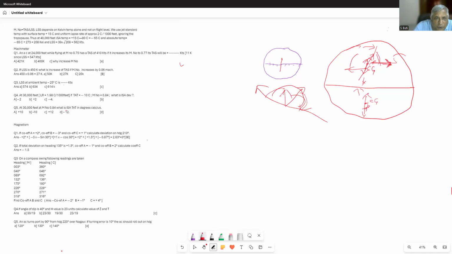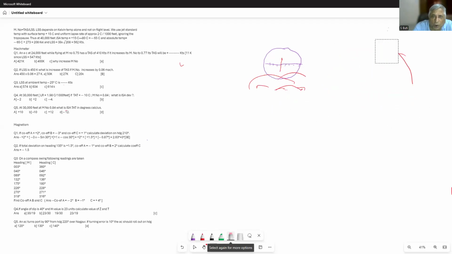The aircraft has not moved and is in the same direction, but because of the movement of the reference point, your magnetic compass readings will change. This is one full lesson, so I can spend only limited time, so that I can concentrate on how to solve these numericals.